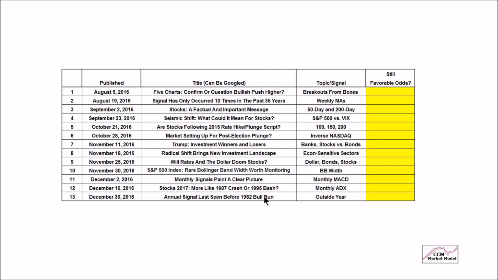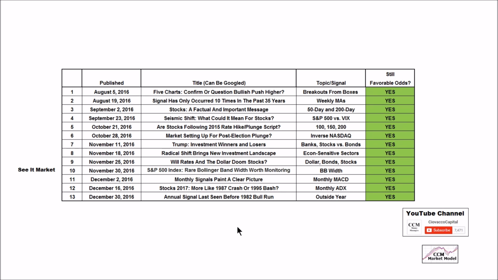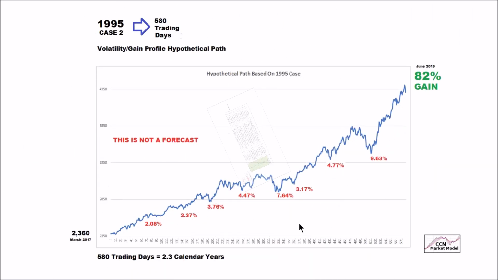And from a weight of the evidence perspective, we've been covering bullish developments dating all the way back to August 5th. And in the present day, we still have a lot of constructive evidence that tells us to keep an open mind about better than expected outcomes based on the information that we have in hand today.